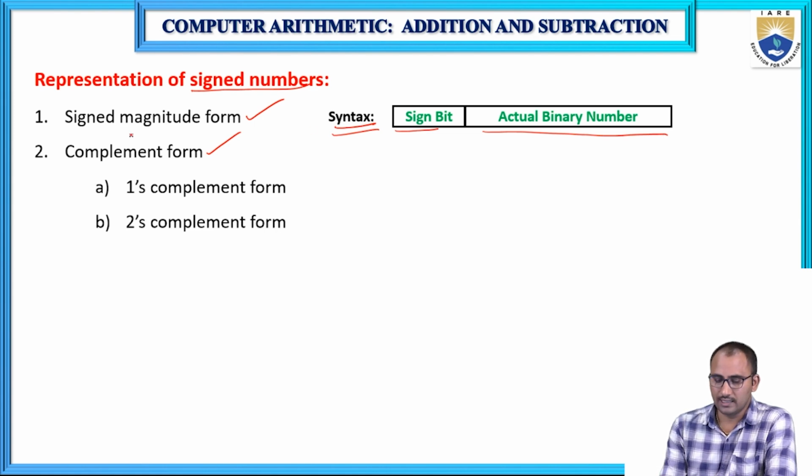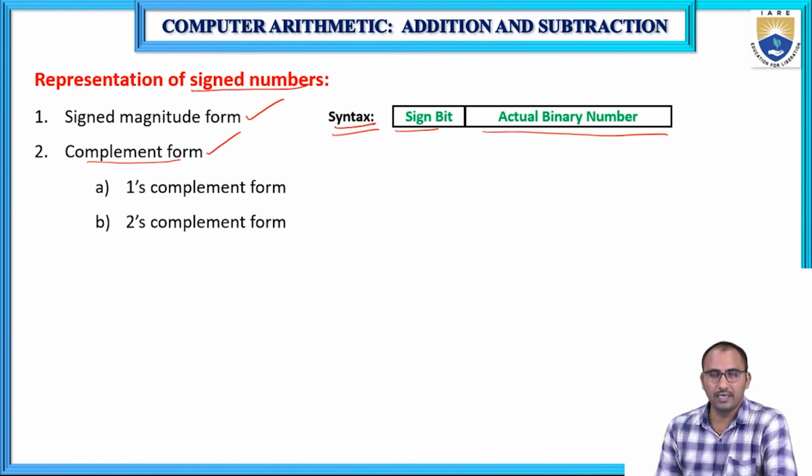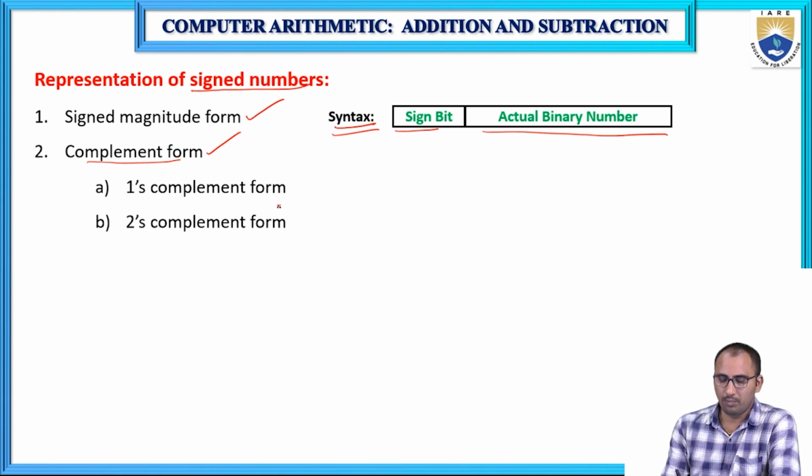Coming to the complemented form, we have two types of complements, the ones complement and the twos complement. Using ones complement and twos complement, we can represent the signed numbers.